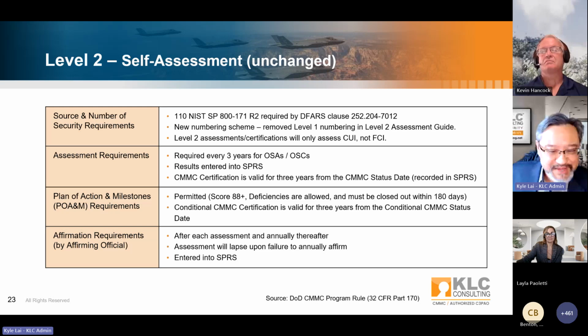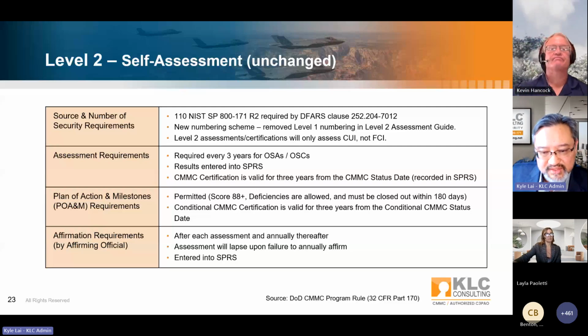But if you are getting lucky and you have a self-assessment, a POA&M is allowed, providing that you have a score of 88 points or higher. Deficiencies are allowed under CMMC, and you can resolve them within 180 days.